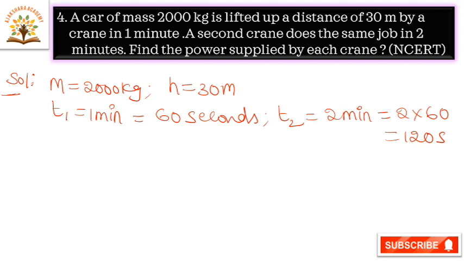So now we are calculating the power supplied by the first crane.